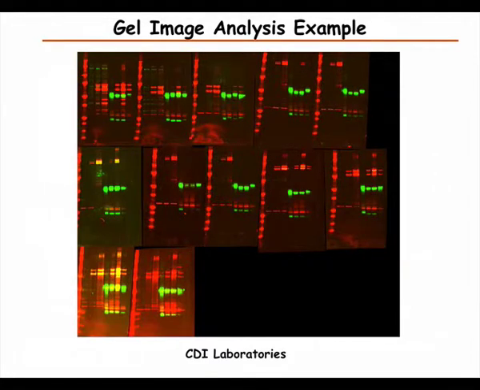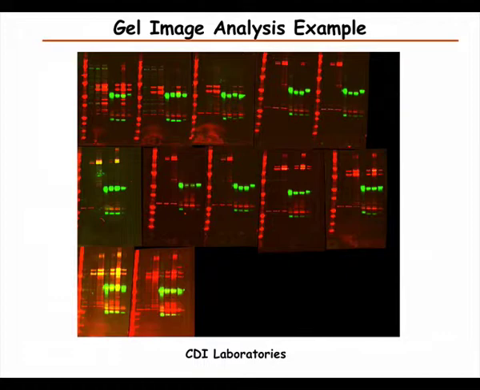So the first thing, I thought I'd go through an example of a few gel images. So here we have 12 gels that are put together, and as you see some of them are straight, but a lot of them are not.